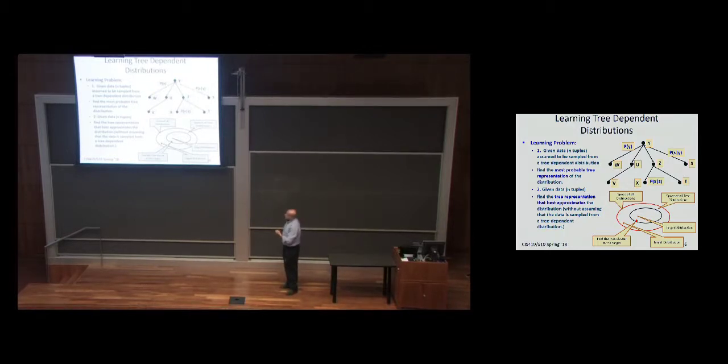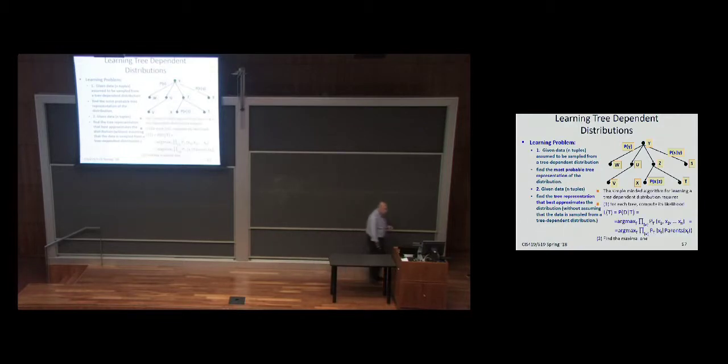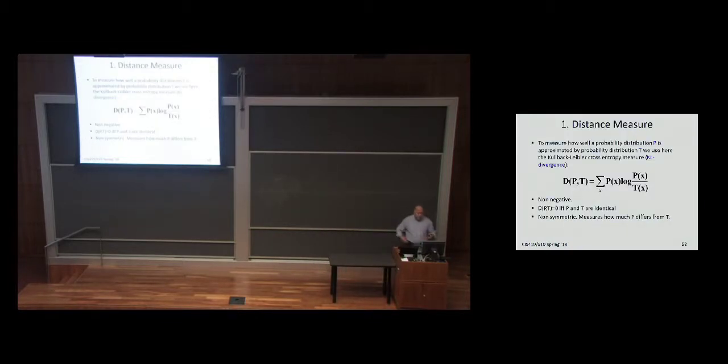Now, in order to find this red point, as I said, we need a notion of distance between distributions. So that's the first thing that I'm going to introduce. If you think about it, you already have a notion of distance between distributions. What is a distribution? It's just a function that ranges between 0 and 1.